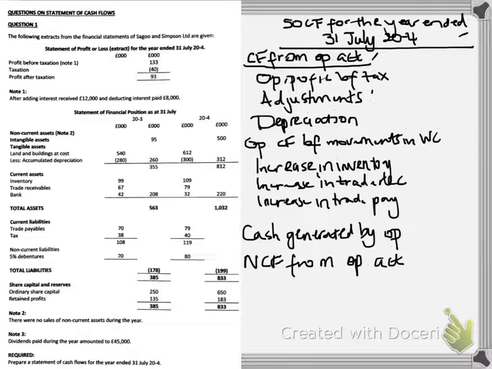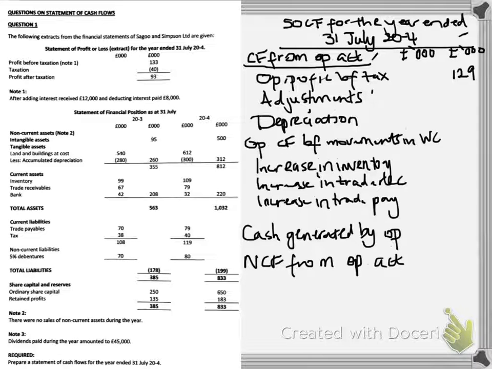Okay, the first figure, operating profit before taxation. We have already calculated this earlier, and the figure is 129. Let's just put 3 zeros at the top here. Now next, depreciation.